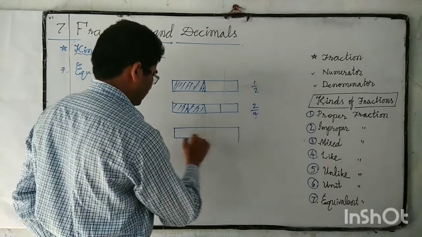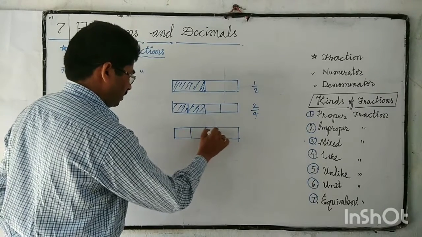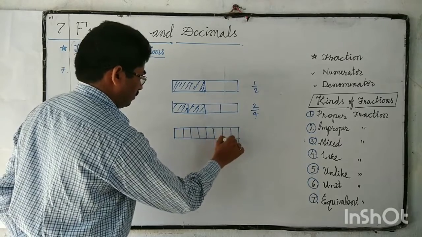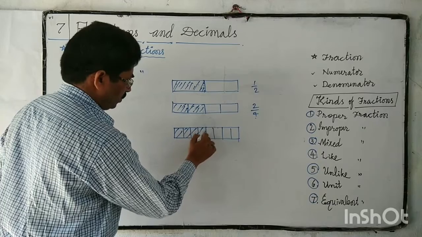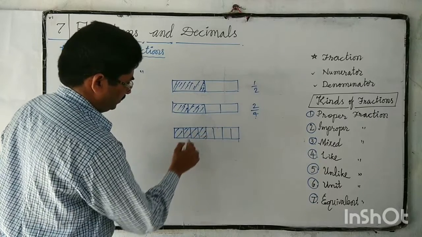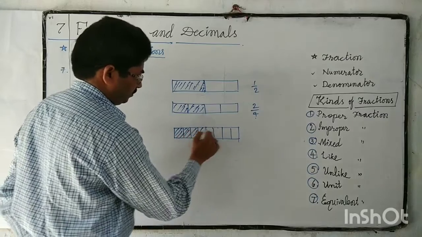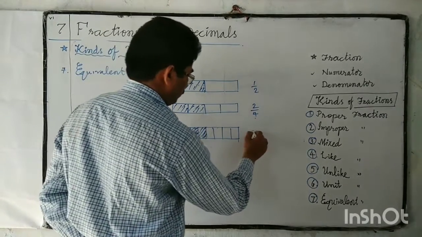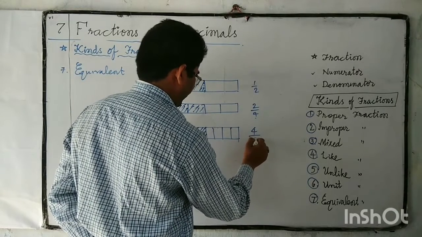This is also same length, dividing 8 equal parts, but shading 4 parts, that means taking 4 parts. So 4 by 8.